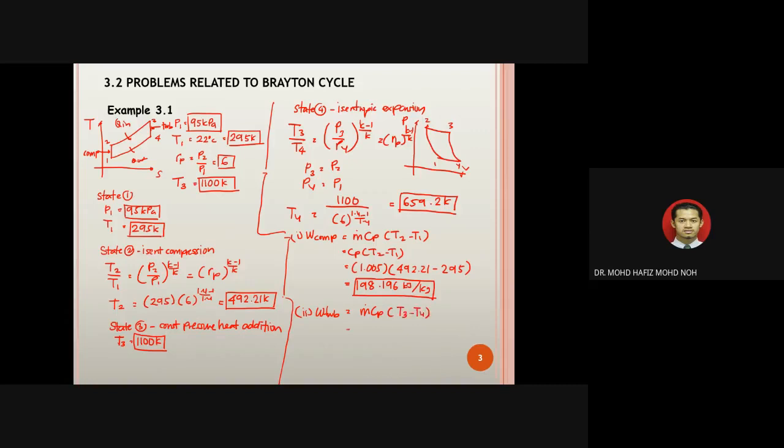Mass flow is not given, so it is simply Cp times (T3 minus T4). So put the values: 1.005, T3 is 1100, T4 is 659.27.